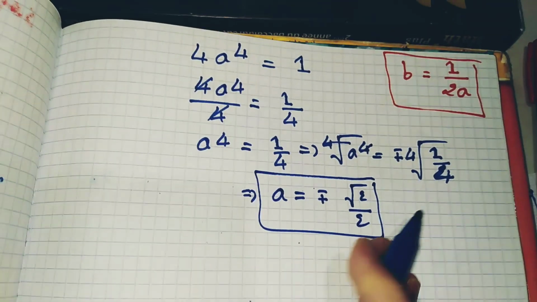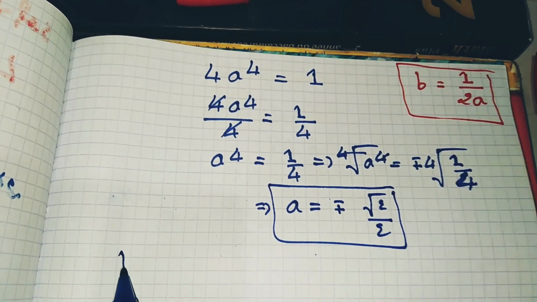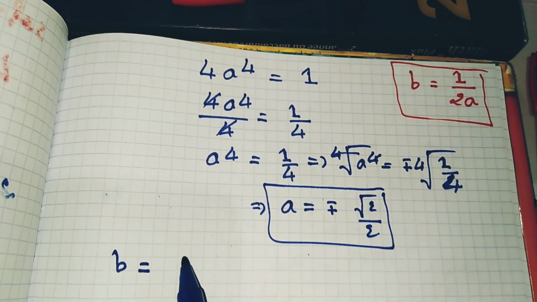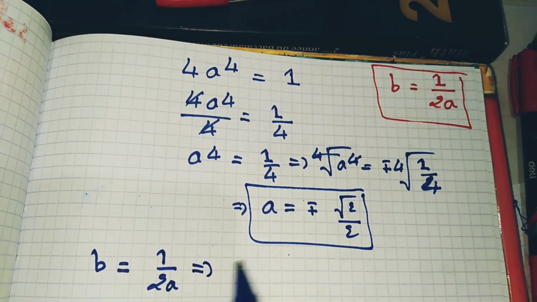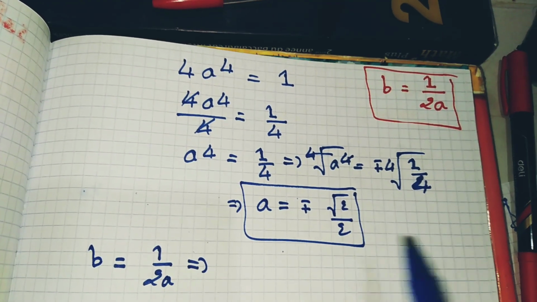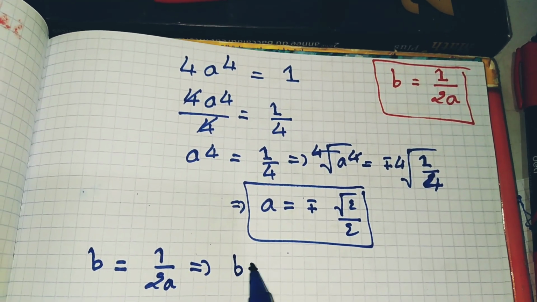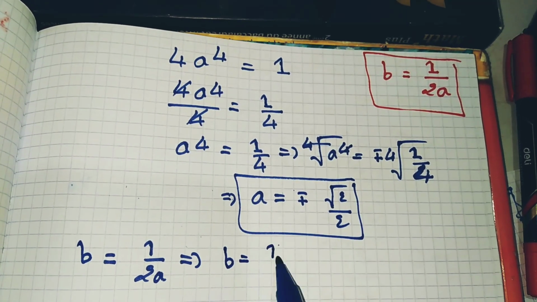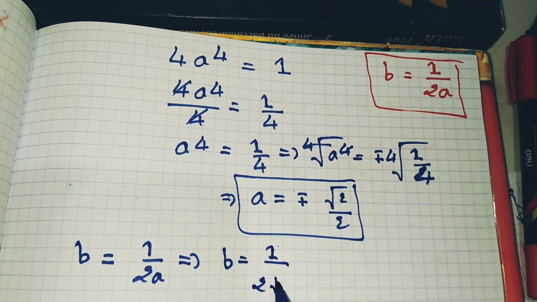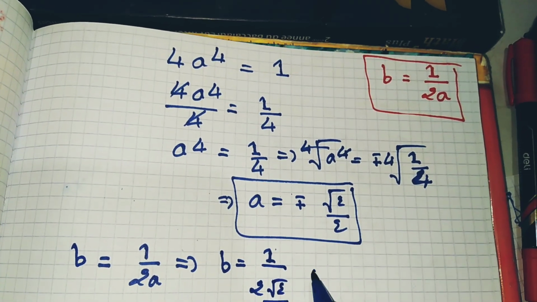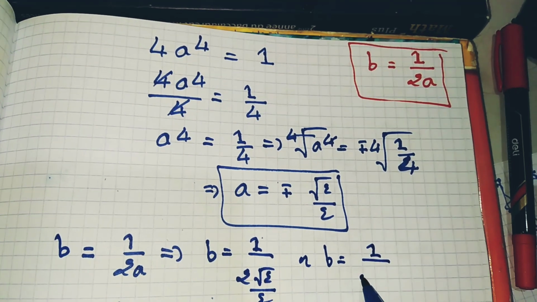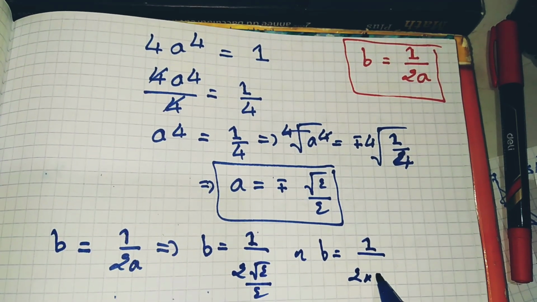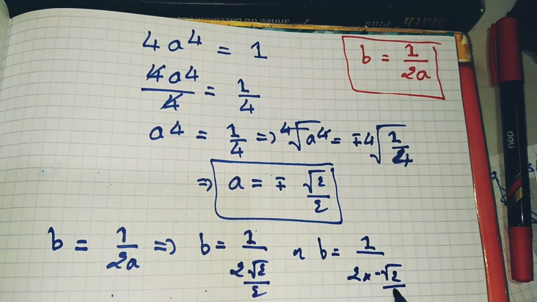Easy. We know that b is equal to 1 over 2a. But a is equal to plus or minus square root 2 over 2. So b is equal to 1 over 2 times square root 2 over 2, or b is equal to 1 over 2 times negative square root 2 over 2.